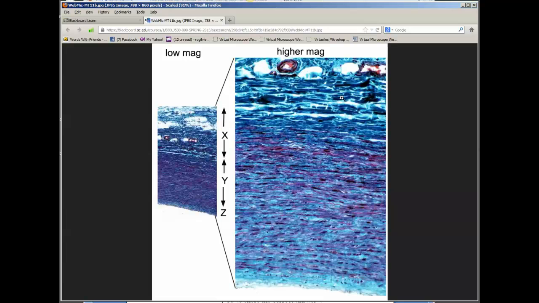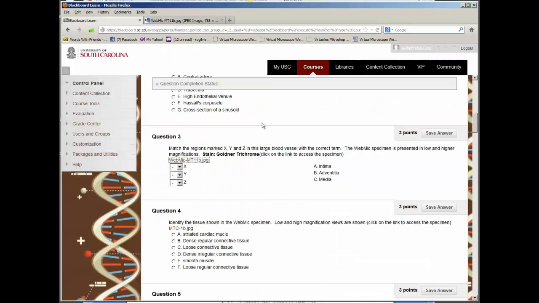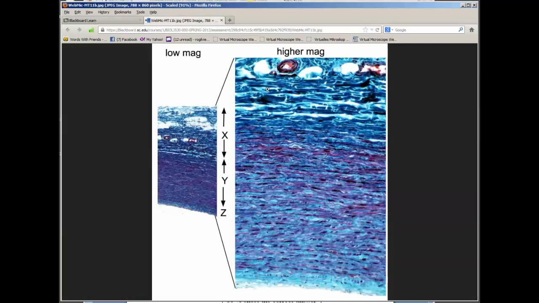And actually the question asks about a blood vessel, so you already know you're dealing with a blood vessel. And in this case, it's a large blood vessel or elastic artery.